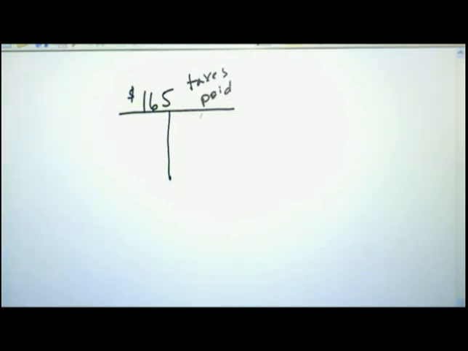I'm going to divide that by my rate of $5 per thousand, which I can write as 0.005. That's going to give me an assessed value of $33,000.